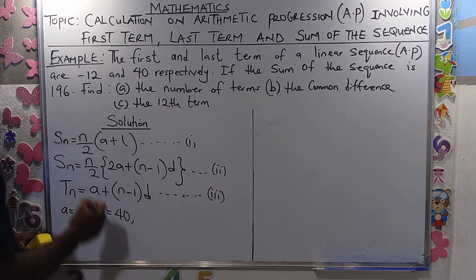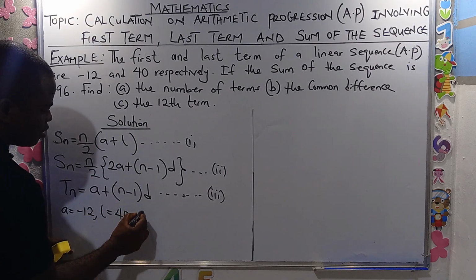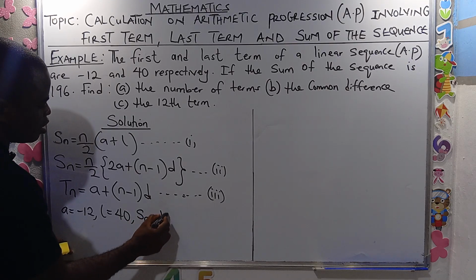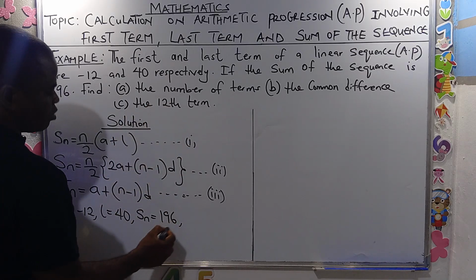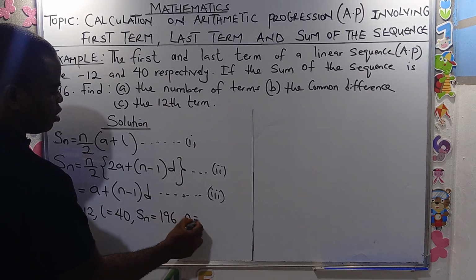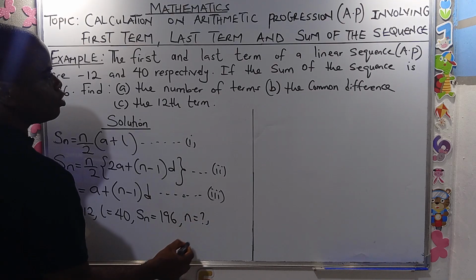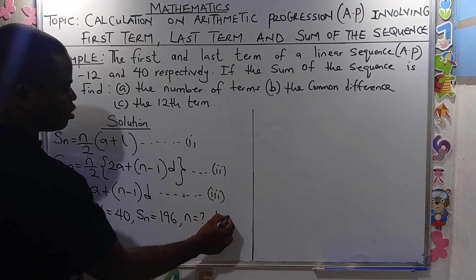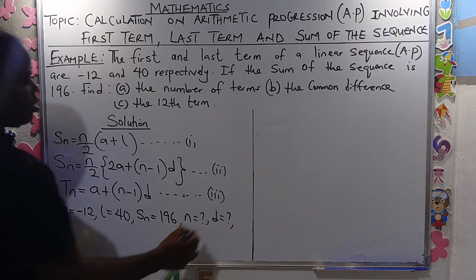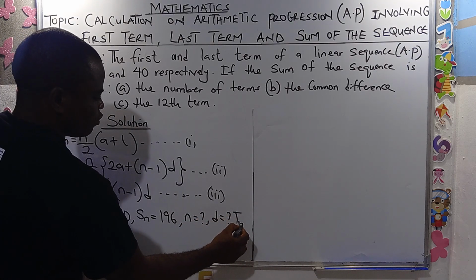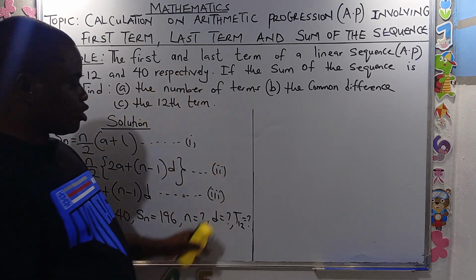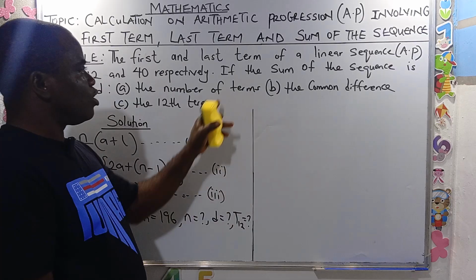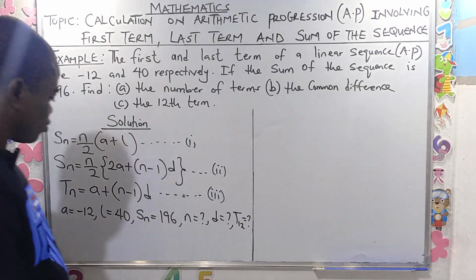If the sum of the sequence, Sn, is 196, now you have to find the number of terms, n, and also the common difference, d, and the 12th term, T12. So there are three sub-questions under one question.